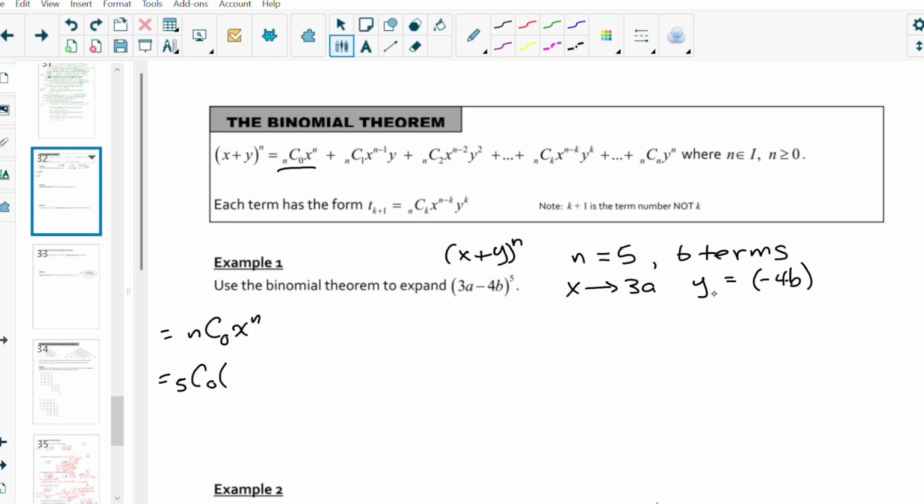My x value, instead of x, I'm going to put 3a, and my n value is 5. There's my first term. Plus nC1 x to the n minus 1 y. So plus 5C1. My x value is 3a to the 5 minus 1. And my y value is negative 4b.